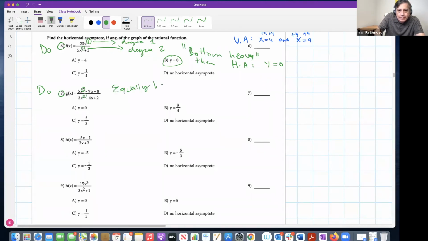Equally heavy. For equally heavy rational functions, horizontal asymptote is just this. Y equals, you take the quotient of these two guys, right? So it will be 5/3. Yeah, very good, very good. So this guy, right? Excellent, excellent.